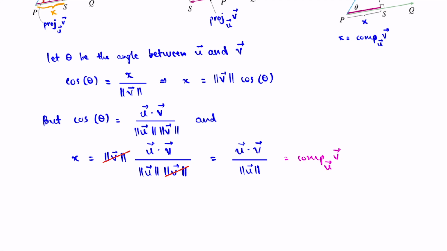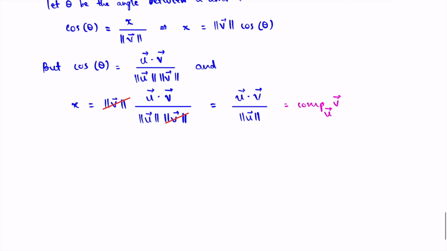Now we just derived the scalar projections, and for the vector projections, the vector projection of v onto u has the same direction as u.